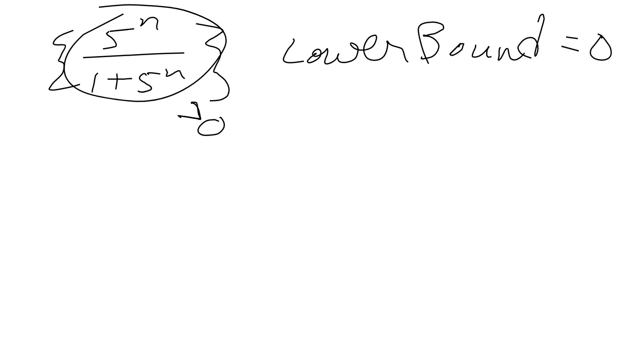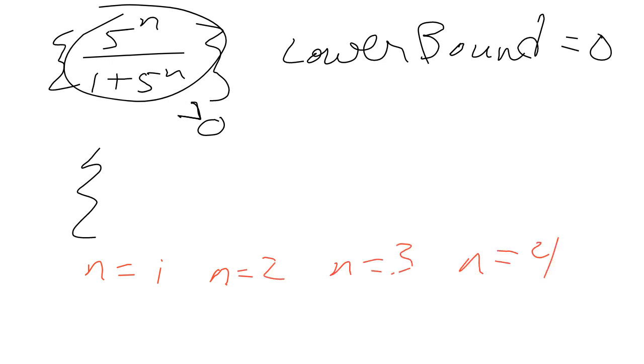The question, do I have an upper bound? What's the biggest it would be? Well, let's list out some terms here. I'm just going to write n equals 1, n equals 2, n equals 3, n equals 4, to see what's going on here.